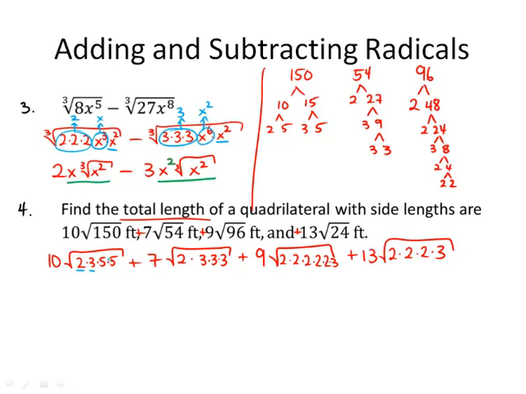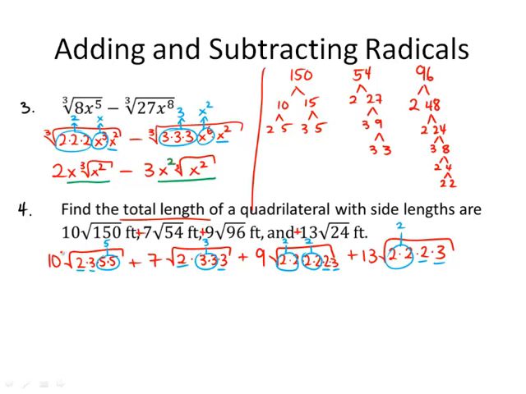The 2 and the 3 do not have pairs, but the pair of 5s makes a root of 25, which is 5. 2 double 3s, 3 left, 2, 2, and 2 and 3 left inside. So you can see that this method can be efficient in not having to rewrite everything over again.